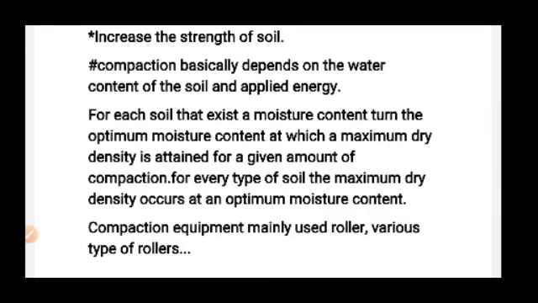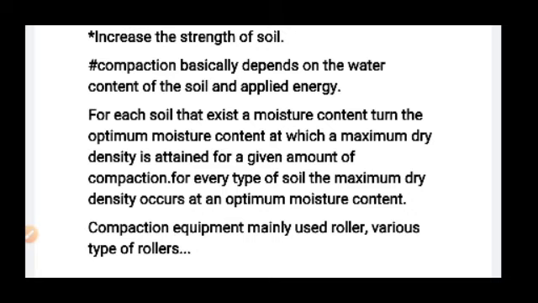For each soil there exists a moisture content, termed the optimum moisture content, at which a maximum dry density is attained for a given amount of compaction. For every type of soil, the maximum dry density occurs at an optimum moisture content.